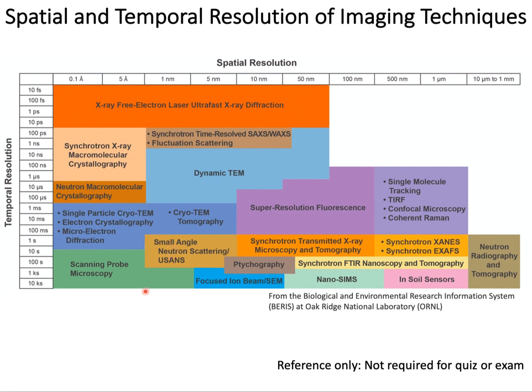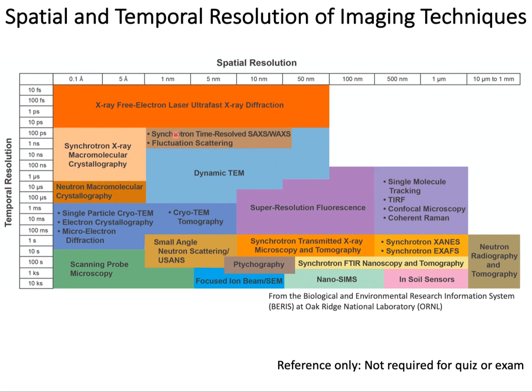So this figure gives you an overall very clear idea of the imaging techniques available for the biological samples from, say, a cell to the atomic resolution. The horizontal, the x-axis, is the spatial resolution.